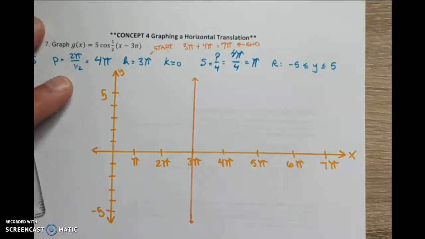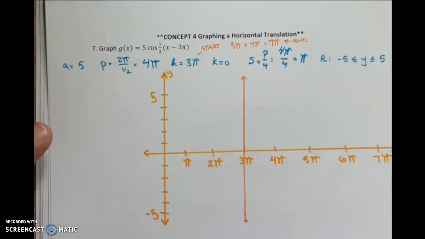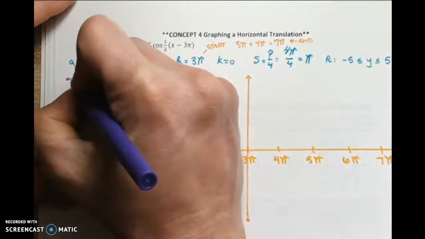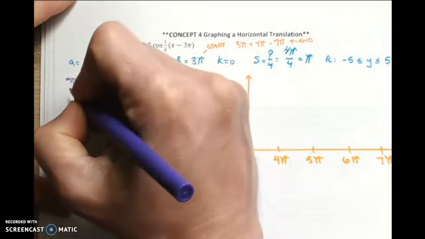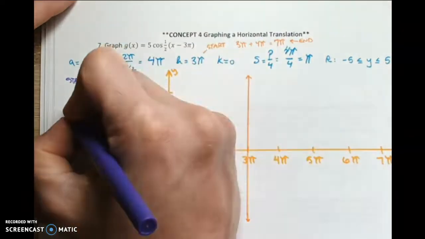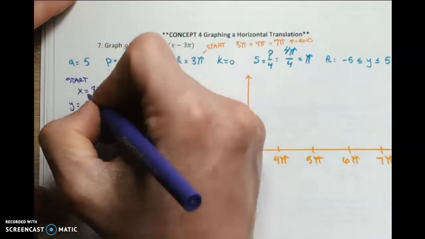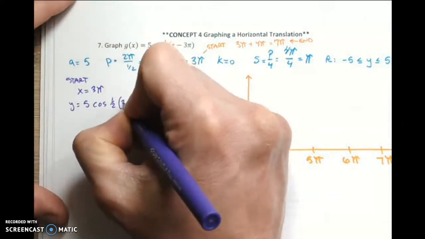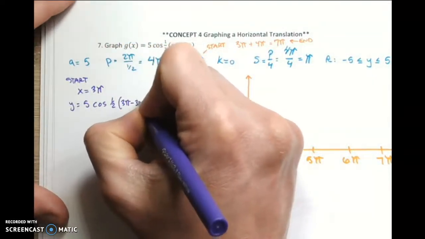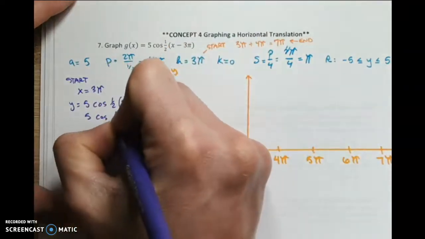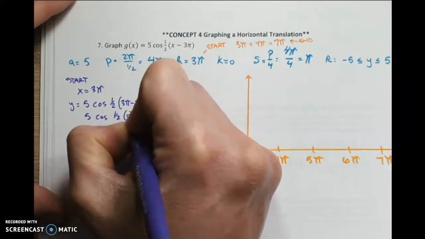Another way you can always go about it is plugging this in. So if I have the start, I have x equaling 3 pi, plug it in. I have y equals 5 times cosine of 1/2 times (3 pi minus 3 pi), and that's 5 cosine of 1/2 of 0.